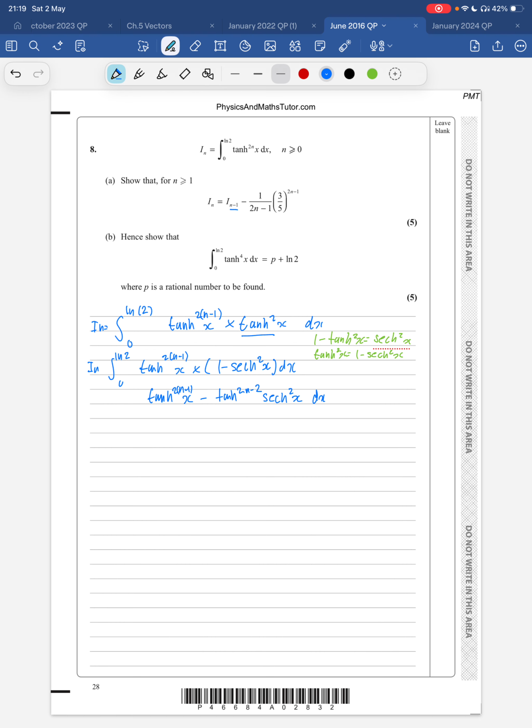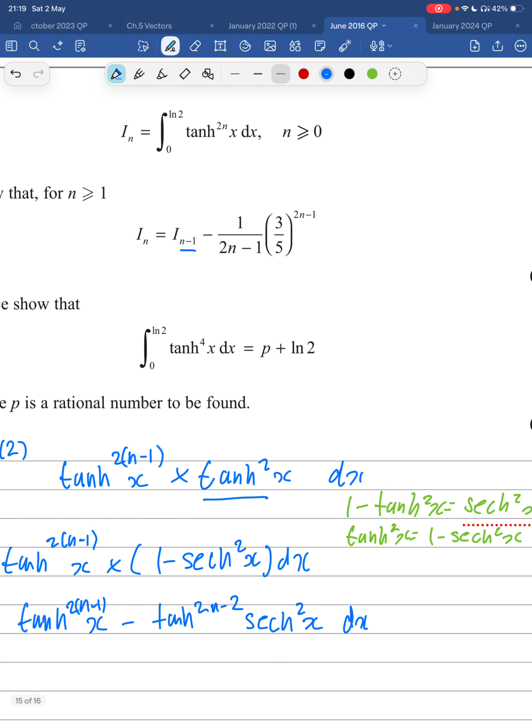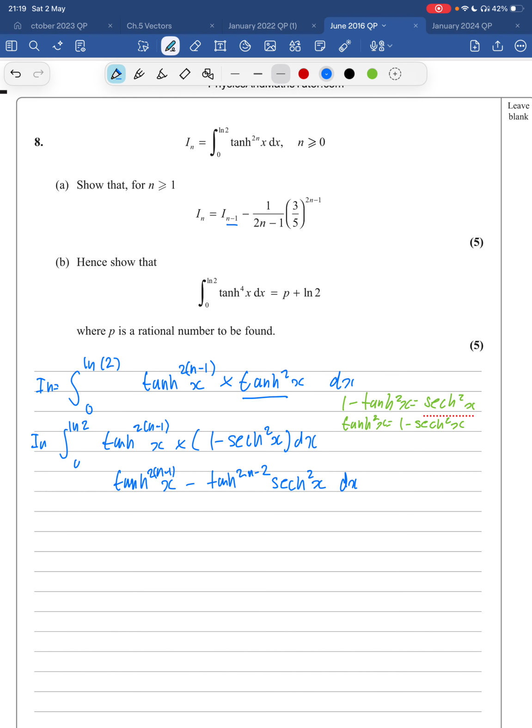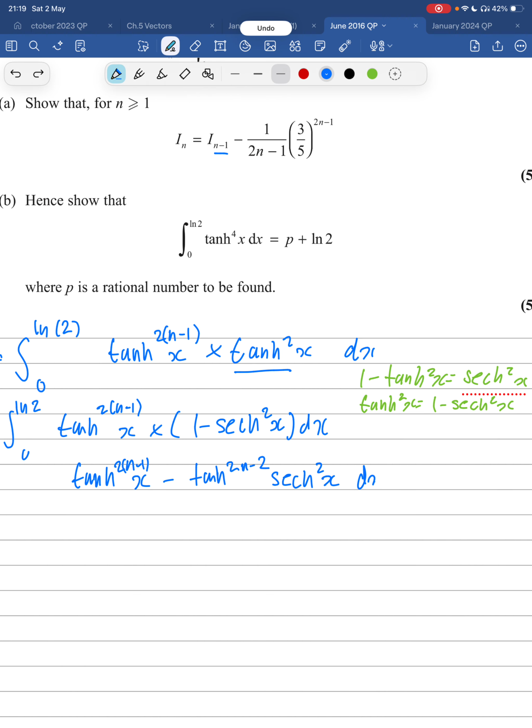A good thing to do is to see what I_(n-1) would look like. This is when you want to spot, because you kind of do need to force it in there. So I'm going to write that in green here.